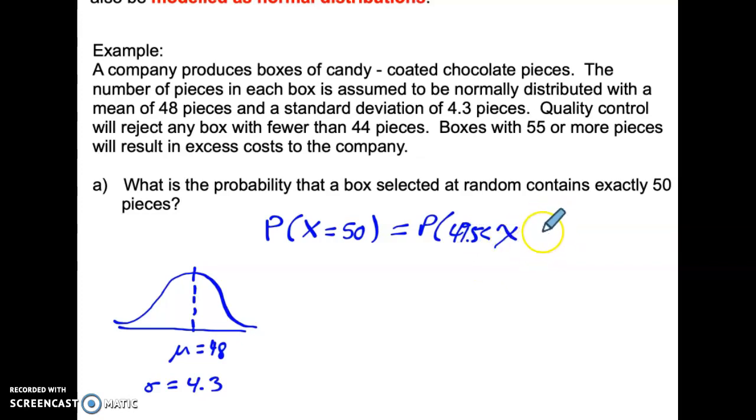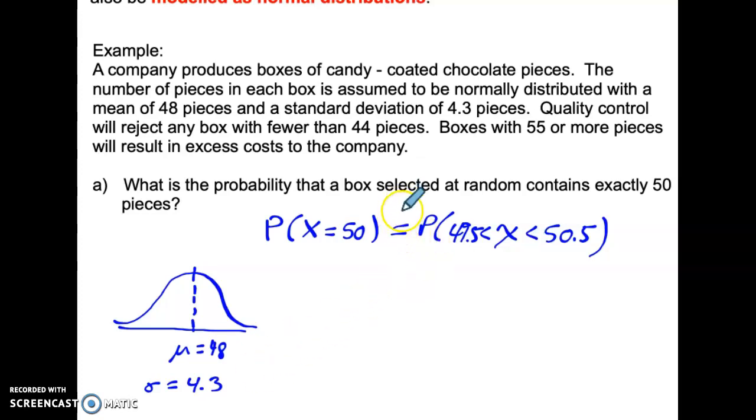Okay, and if we think about all the numbers that would round down to 50, so 50.1 would round down to 50, 50.2, 50.3, all the way up to 50.5. So any decimal that you choose in this range, when you round it to the nearest whole number, so in other words, the nearest chocolate, it would get you to 50.